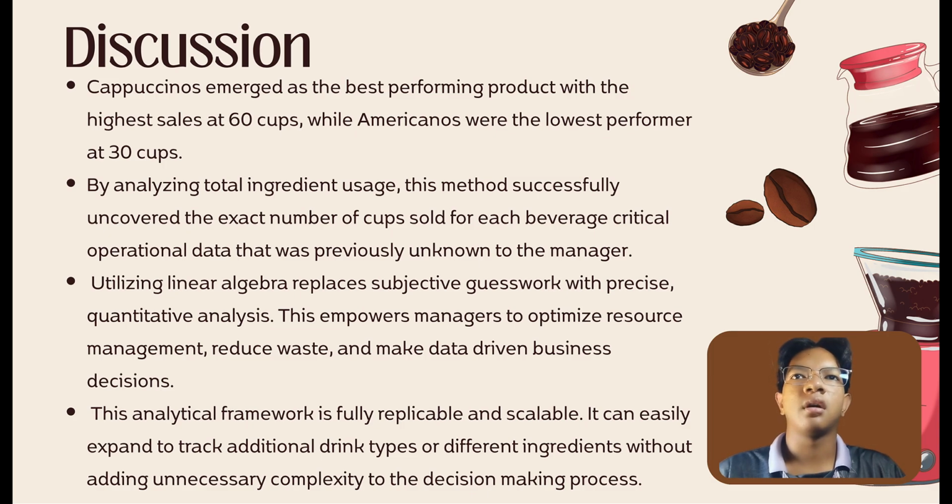Discussion. From the discussion, we can see that cappuccino emerges as the best performing product with the highest sales at 60 cups, while americano was the lowest performer at 30 cups. By analyzing total ingredient usage, this method successfully uncovered the exact number of cups sold for each beverage, critical operational data that was previously unknown to the manager.